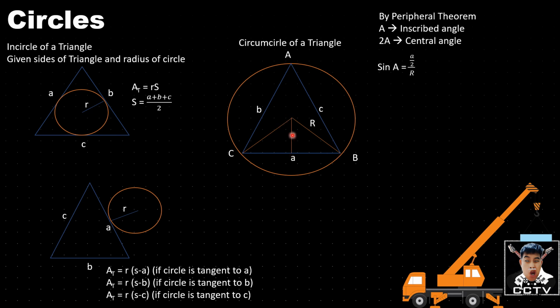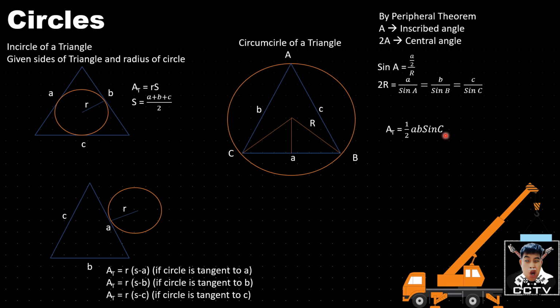So, pag hinati mo, A na lang siya. And A over 2 to, sine opposite, and ang hypotenuse mo is R, radius ng circle. At ito, ang formula na lalabas, parehas lang siya sa kahit anong side. 2 radius is equals to side A over sine A, or side B over sine B, side C over sine C.